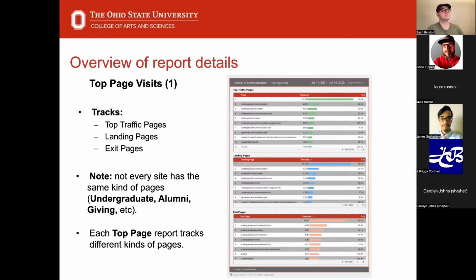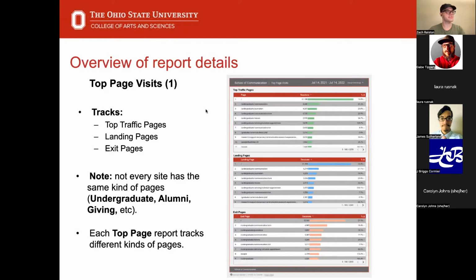So this first top page visit is covering your highest traffic pages. It's pretty common for your landing pages, the home pages, to be your most visited one, typically in the URL that always just ends with a backslash. That's typically indicating the home page here.